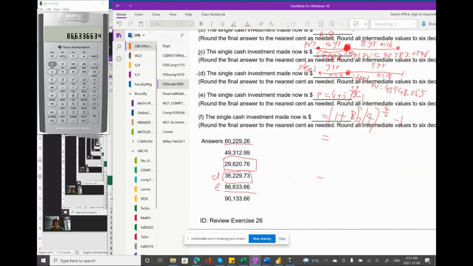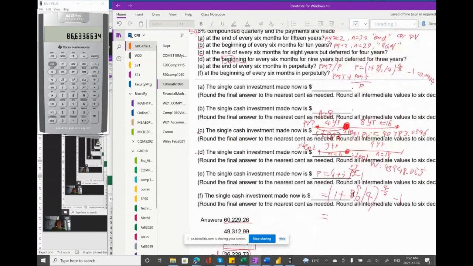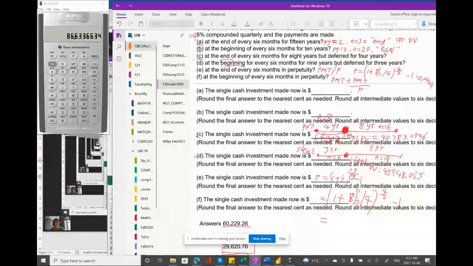Question E. Just use 35,000 divided by 0.0404. Get that number. And then the next part: at the beginning of every 6 months in perpetuity.